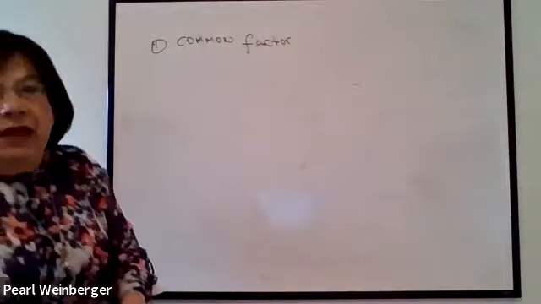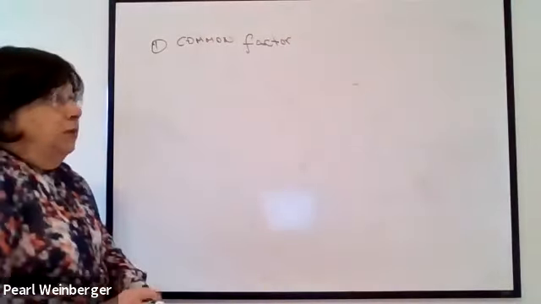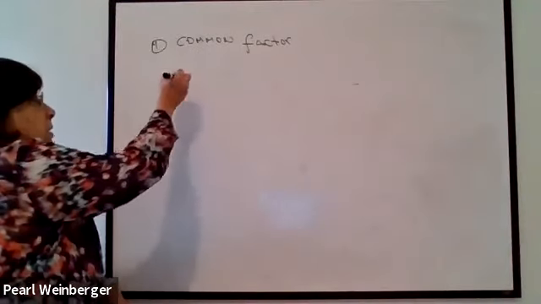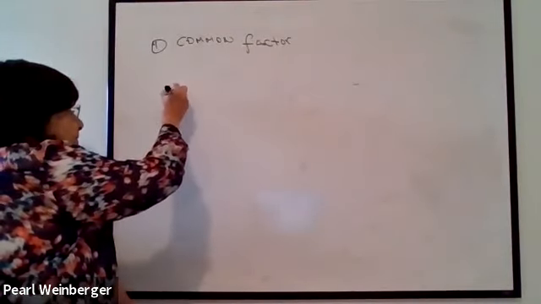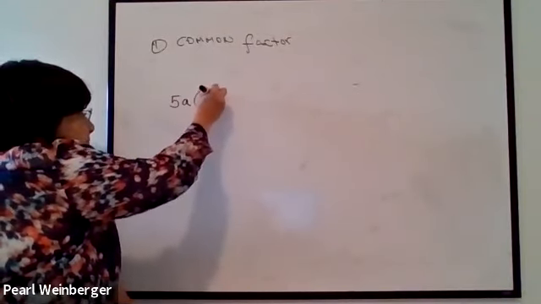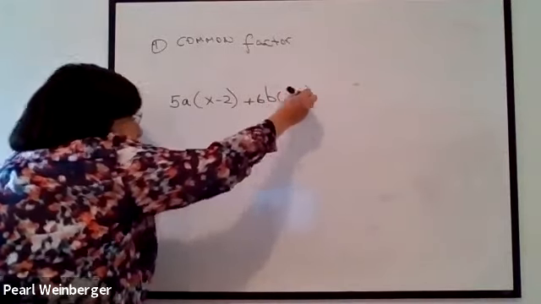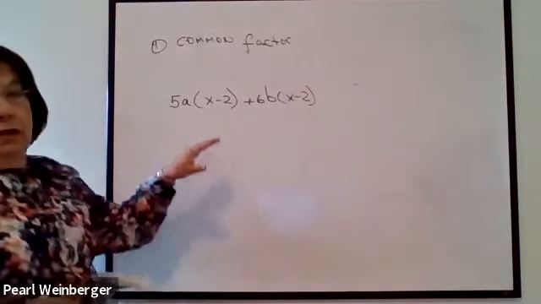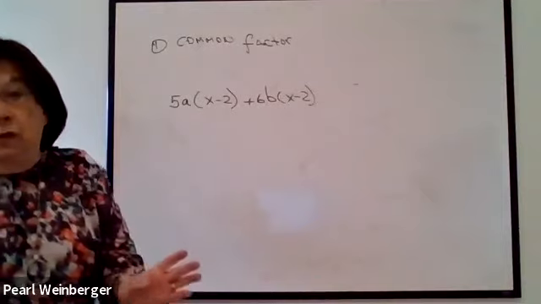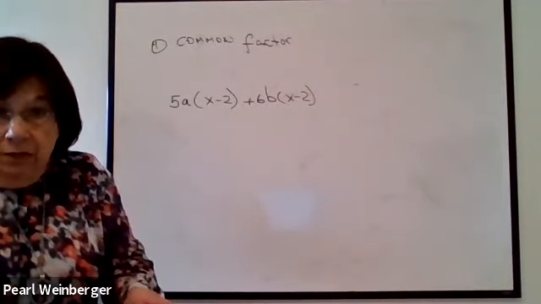Sometimes we even have a common binomial factor. You might see something like this. 5a times x minus 2 plus 6b times x minus 2. You might see something that looks like it's partially factored already.